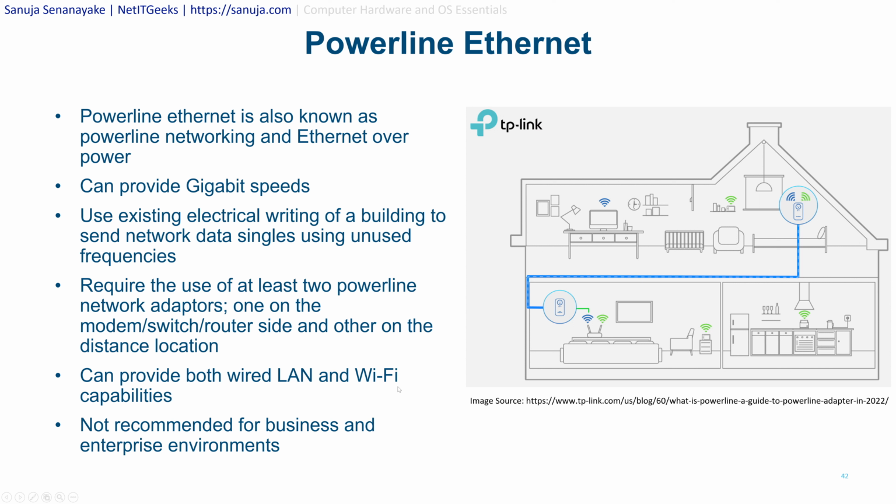It can provide both wired LAN and Wi-Fi capabilities. So you can use a Powerline Ethernet adapter on one floor, and on another floor, another area, you can have another Powerline Ethernet adapter, and you may have RJ45 jack connections as well as Wi-Fi connections. So it doesn't necessarily have to be a Wi-Fi connected one.